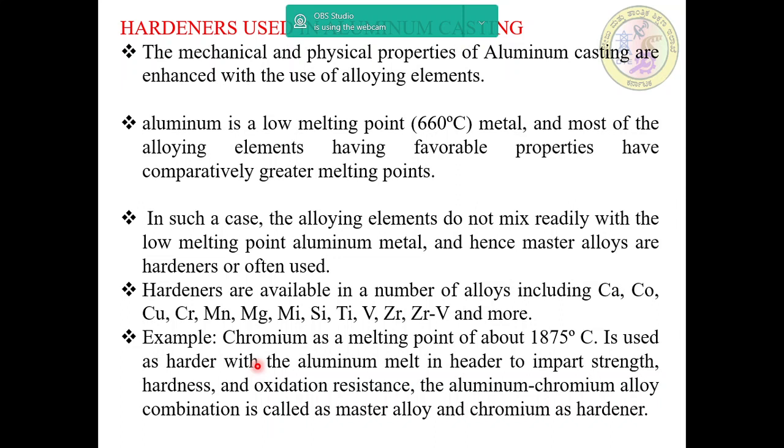It is used as a hardener with the aluminum melt in order to impart strength as well as hardness and oxidation resistance. The aluminum chromium alloy combination is called the master alloy and chromium the hardener.